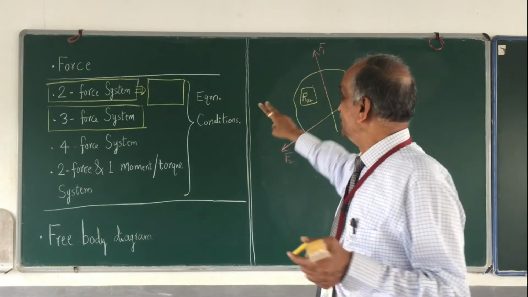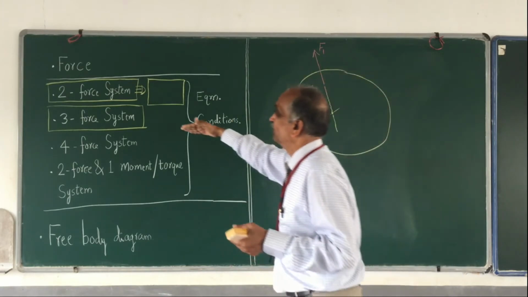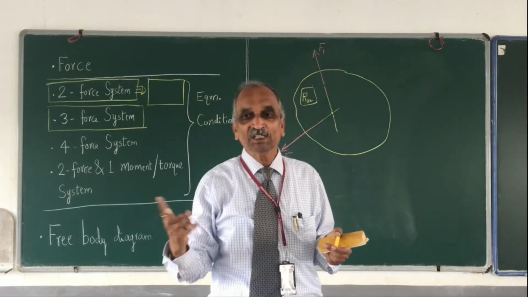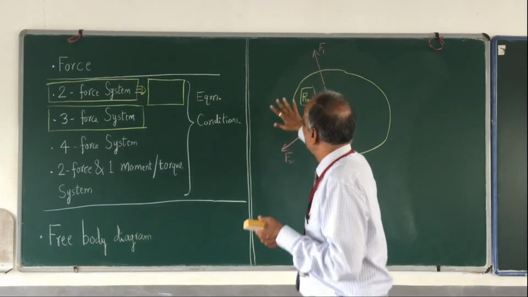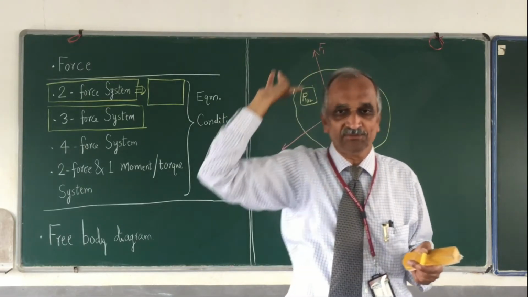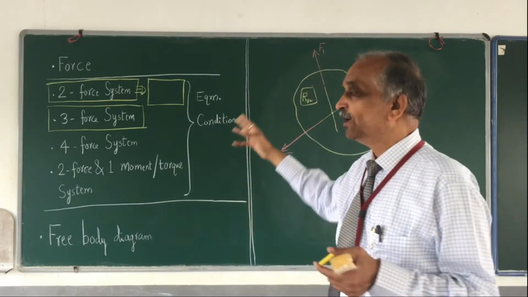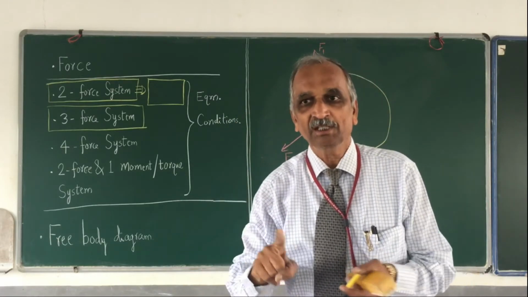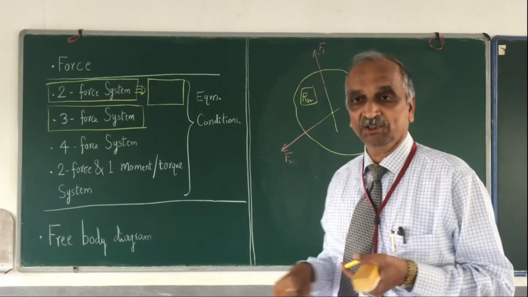So now the three-force system has been reduced to a two-force system. Which are the two forces now? What was the starting problem earlier? The body is subjected to three forces, F1, F2, F3. Now F1 and F2 have been replaced by one single force, the resultant R12.